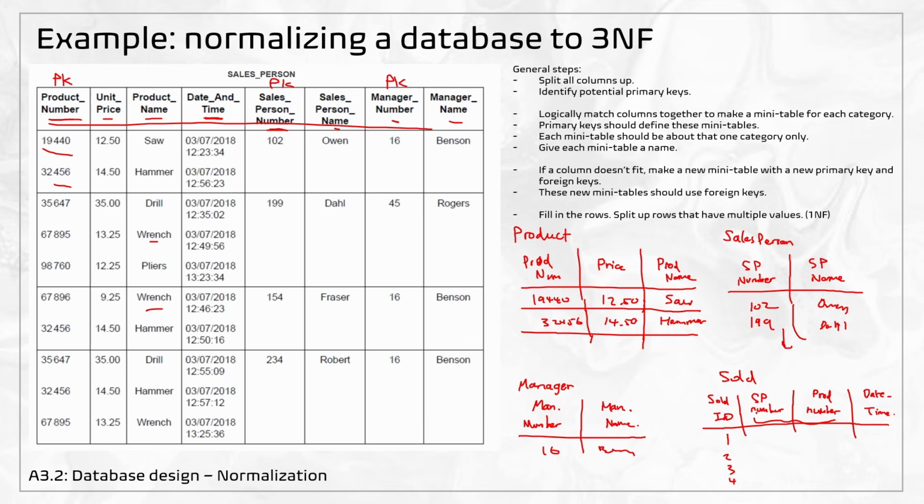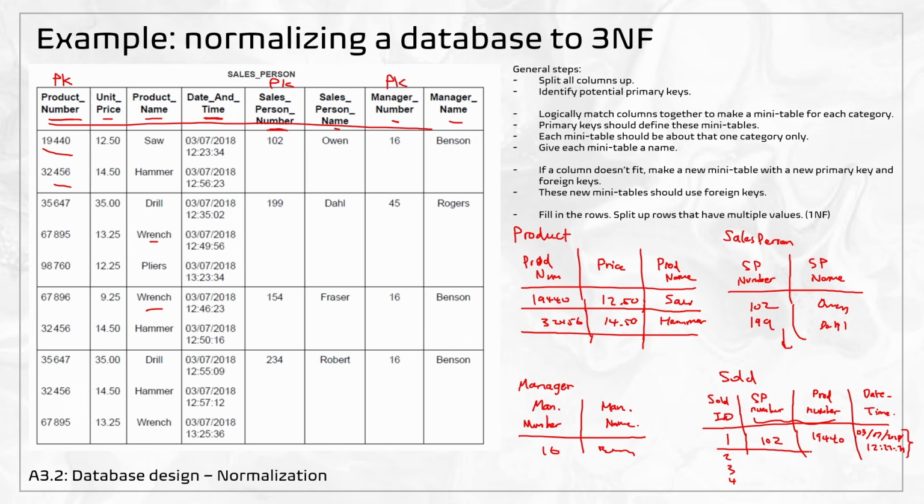Now salesperson number will be 102, for example. A product number here would be 19440, and date and time would be the 3rd of July 2018. And that's going to be one entry, and of course, let's just write the time here, 23:34. We can put these together because this is all in one piece of data, because this includes both the date and time.